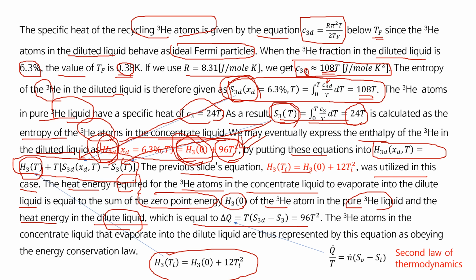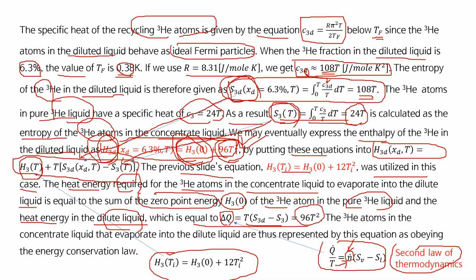This 96 T squared is related to the second law of thermodynamics, and we have delta Q. So for just 1 mole of helium-3 flow, we can have this relationship.